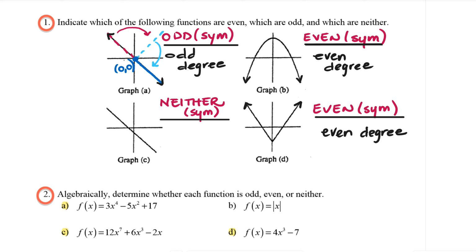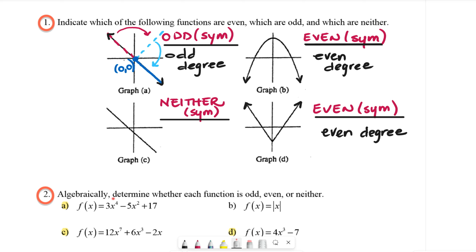So when your function is written out, for instance, in problem number 2, part A, f of x equals 3x to the 4th minus 5x squared plus 17, if you were asked to determine what the degree of that function is, the degree is the 4. 4 is your highest exponent. So I just wanted to make sure you understood where the word degree is coming from.